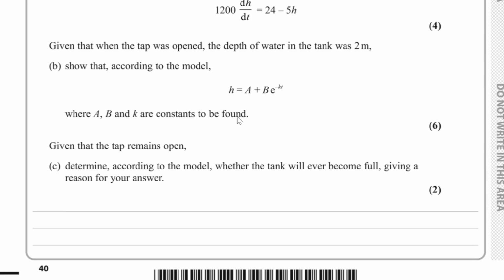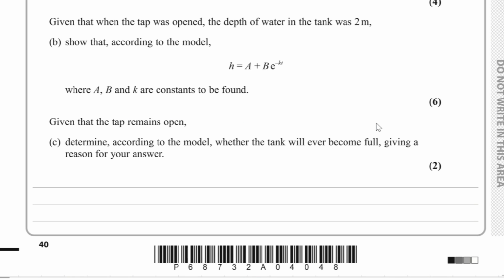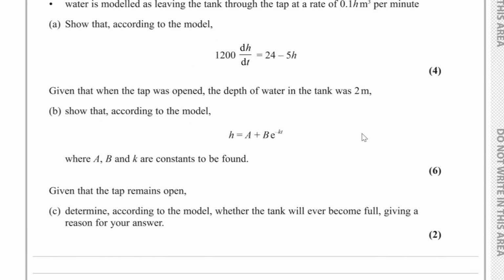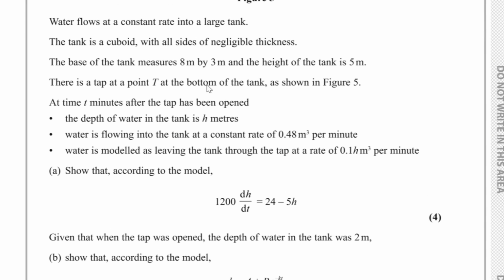So, to begin with, let's think about what we know. We know that the flow rate in is 0.48 meters cubed per minute. Think about the dimensions here. Meters cubed per minute suggests a volume over time.